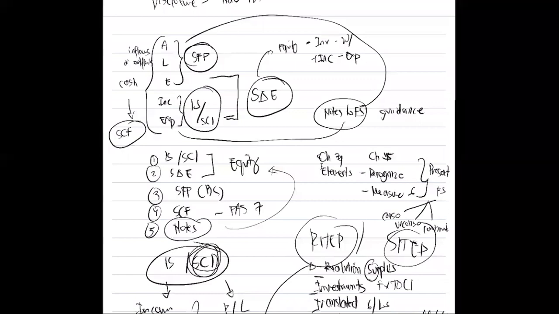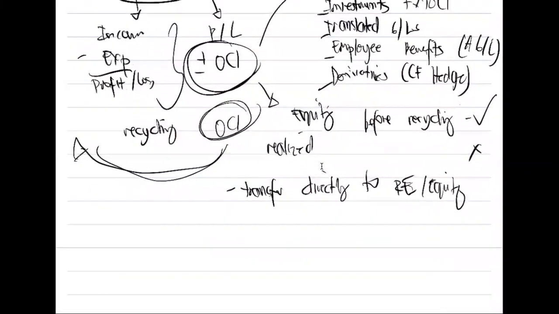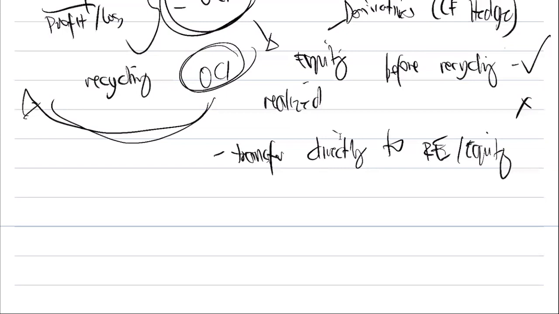Okay? So let's have a quick recap on the whole conceptual framework. First, on chapter 1, we talk about your objective of financial reporting, and that is the use of your financial statements. Chapter 2, we talk about your qualitative characteristics that make your financial information or financial statements useful. Chapter 3, we talk about your different types of financial statements.